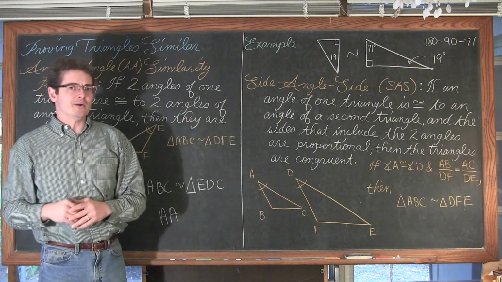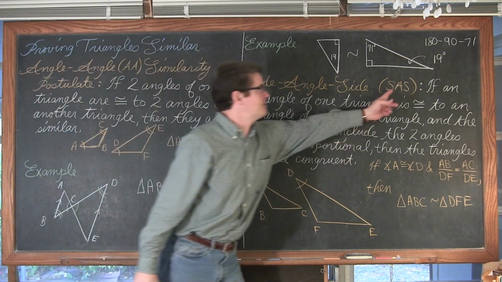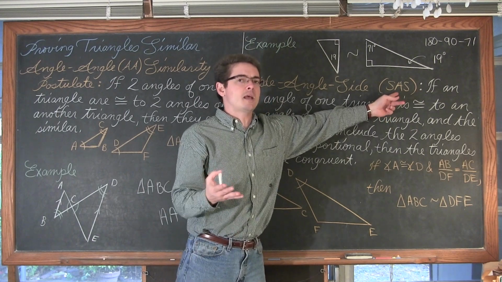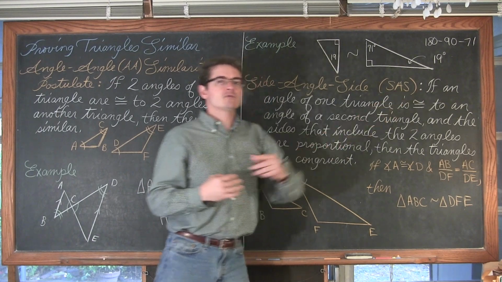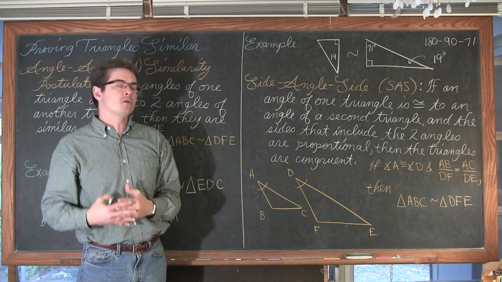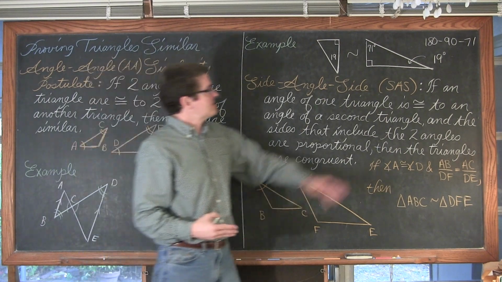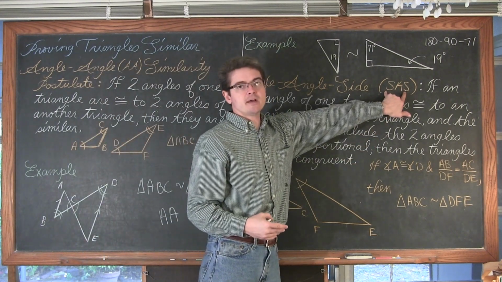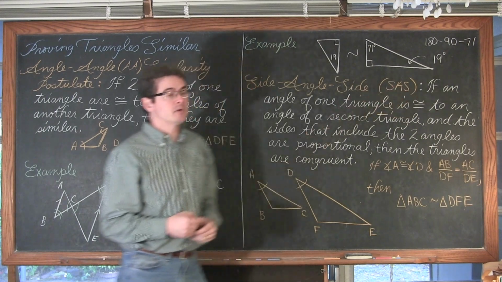Side angle side, or let's get sassy. You saw this same orientation of letters when you were proving two triangles were congruent. But instead of these two pairs of sides being congruent, let's see what it says.